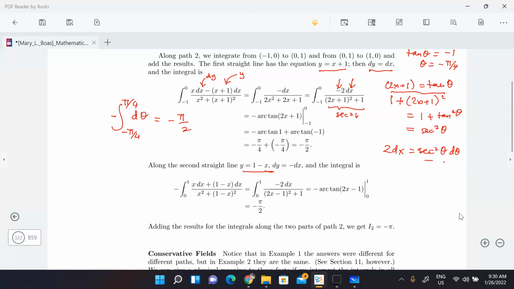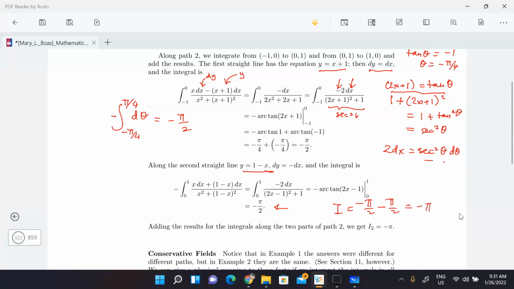You can do the same trick, and again you get another integral in terms of your theta, and that gives you minus pi over 2. Remember, these are the first segment and the second segment, and then you add them up. So your I is going to be equal to minus pi over 2 plus minus pi over 2, which is minus pi.